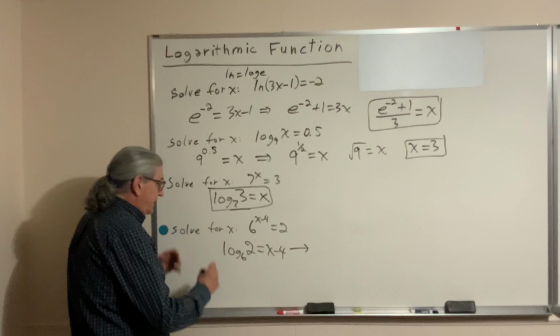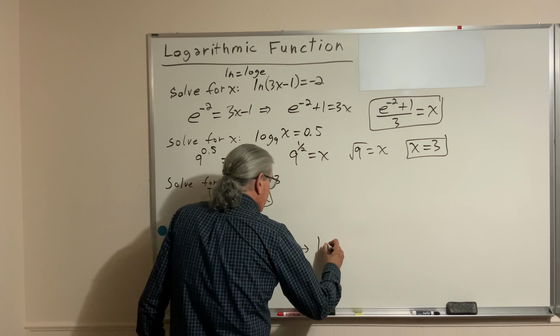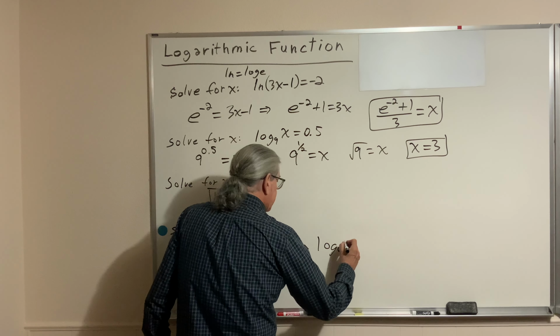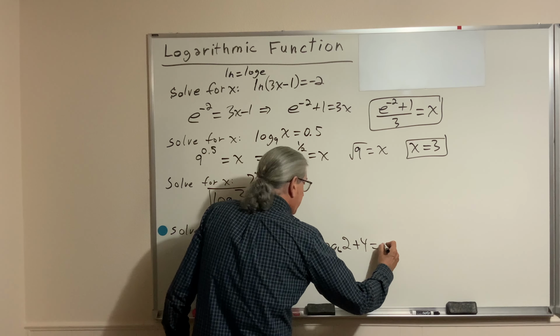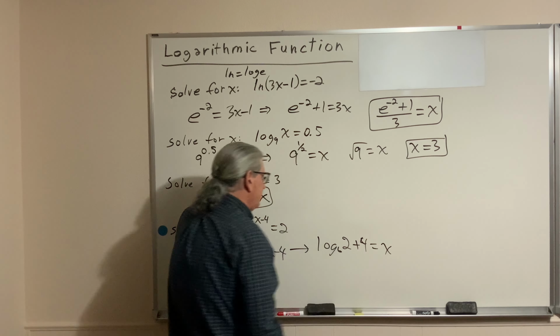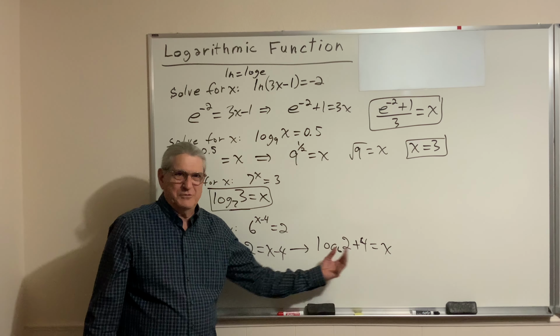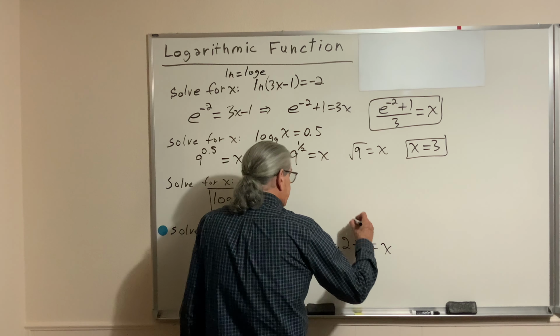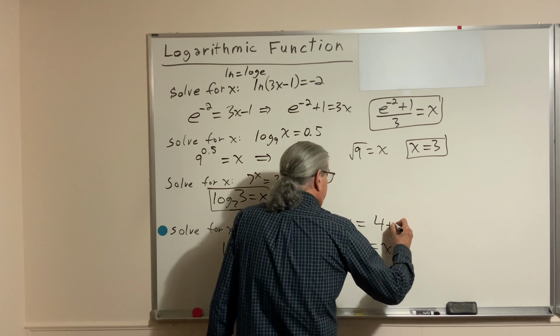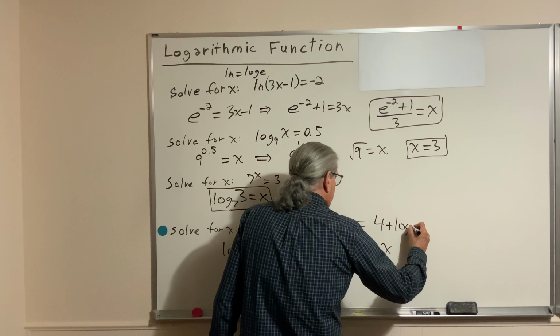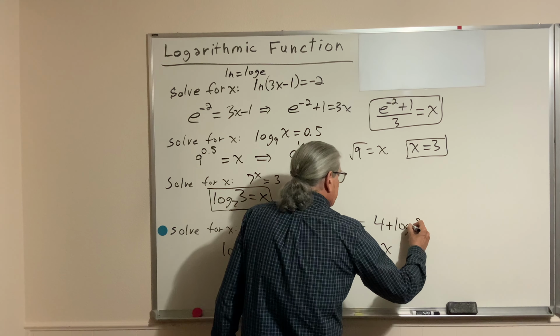So all we have to do is add 4. This is the log base 6 of 2 plus 4 equals x. Now we have to be careful here. We don't want to add the 2 and the 4, so you might want to write this x equals 4 plus the log base 6 of 2.